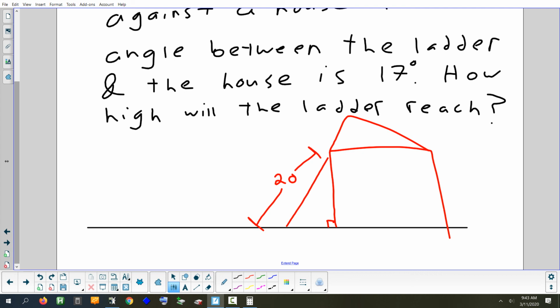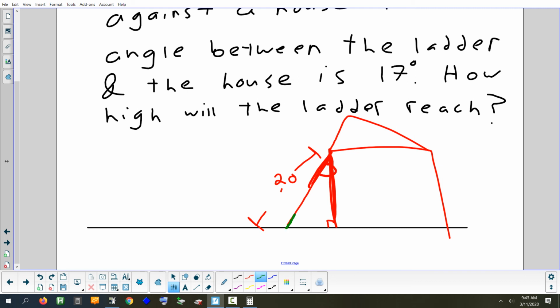The angle at the bottom is the angle between the ground and the ladder, because the black line is the ground. It's the top. This is the house, that's the ladder, so the angle between the two is right there.